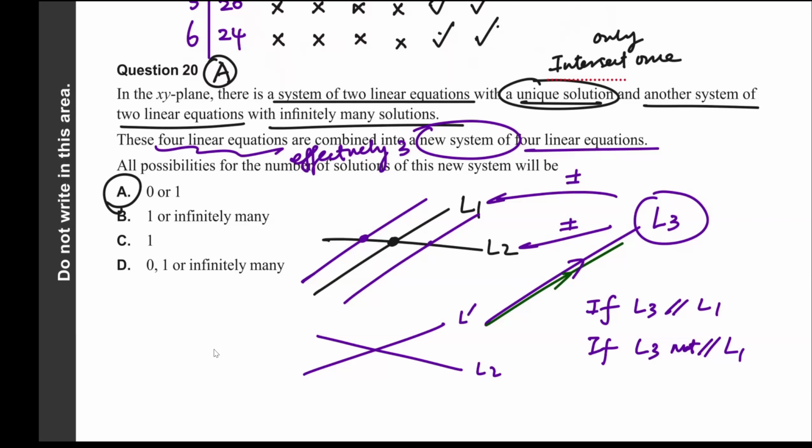Let's call this L dash, or you might get L dash here, parallel. So you might get a zero solution or just one solution. The reason why it can't be infinitely many is because the first two lines are not parallel to each other, nor coincidental with each other, I would say.